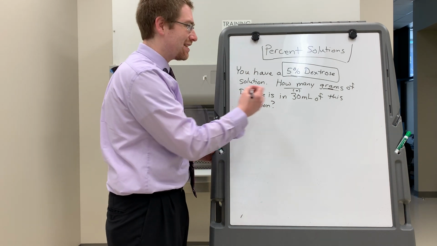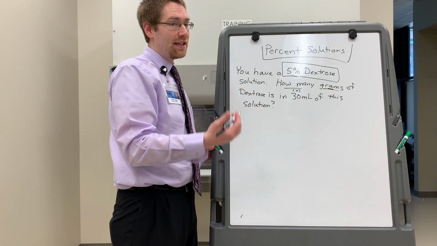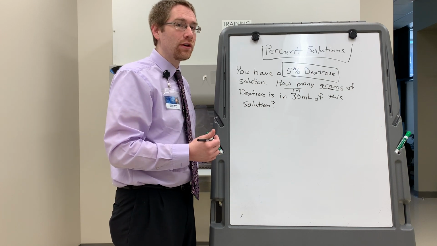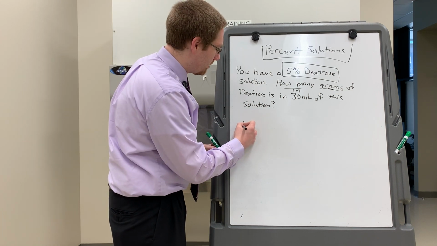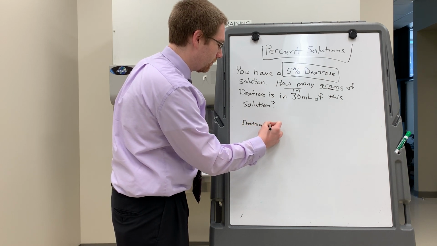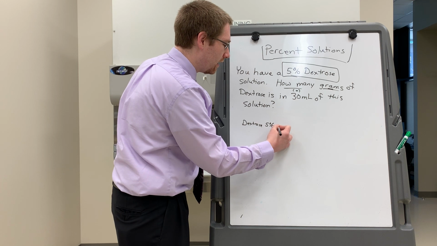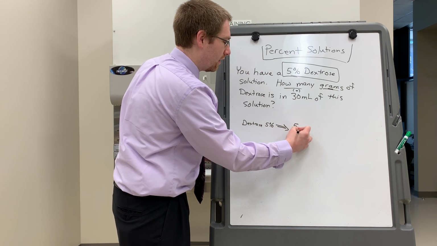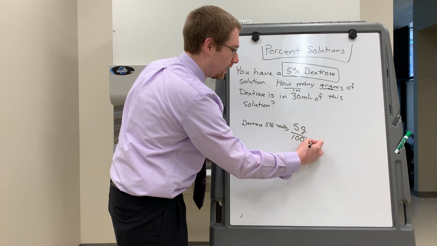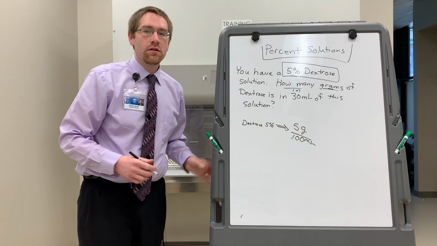So as soon as I see a problem like this, and when I typically do dosage calculations, I want to write down what's the known concentration. So in this particular product, dextrose 5% solution, I can rewrite that as there are 5 grams in every 100 mLs.